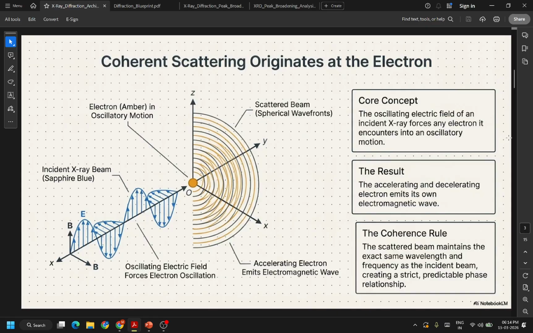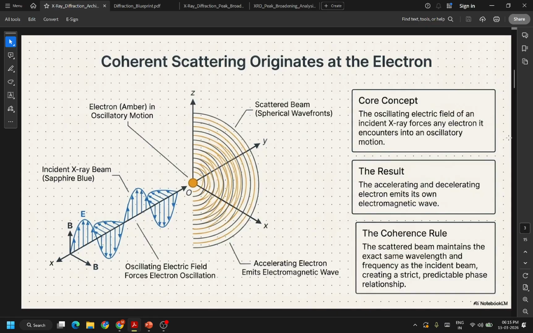The core concept is that the oscillating electric field of an incident X-ray forces an electron it encounters into an oscillatory motion, and that oscillatory motion causes accelerating and decelerating of the electron, which emits its own EM wave, and this scattered beam will maintain the exact same wavelength and frequency as the incident beam.